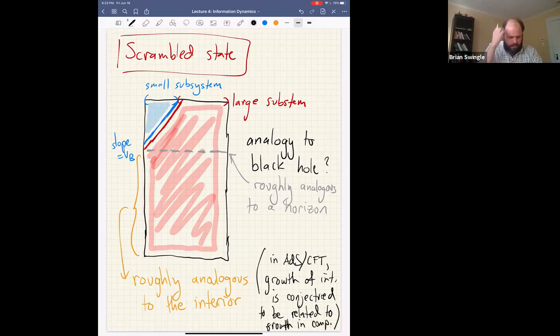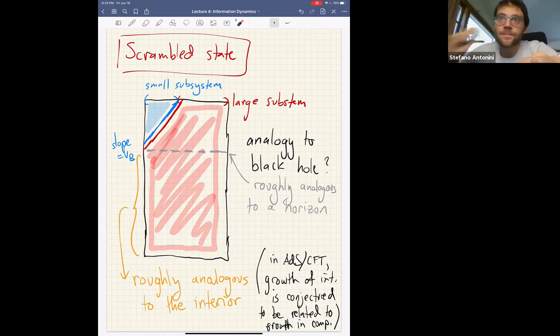And here, what does complexity mean? It means just the number of gates it requires to make this state. But that's exactly what's going on here. The spacetime volume of this region is just the size of the system times the time it evolved for. So it's roughly like the number of gates you need to prepare that quantum state.